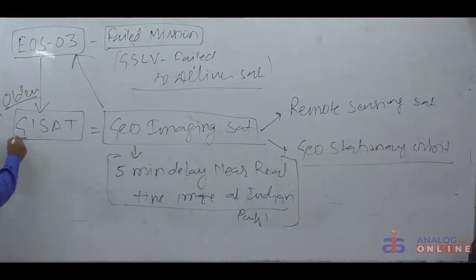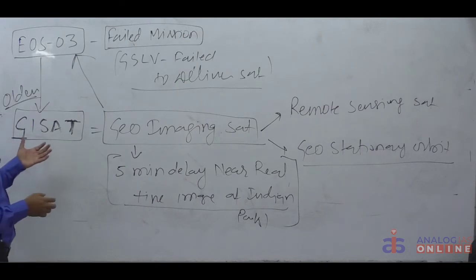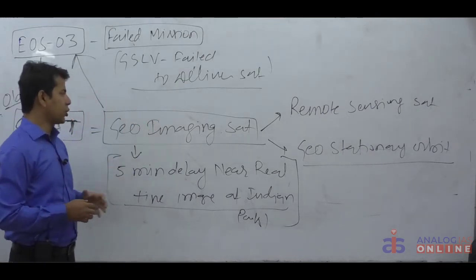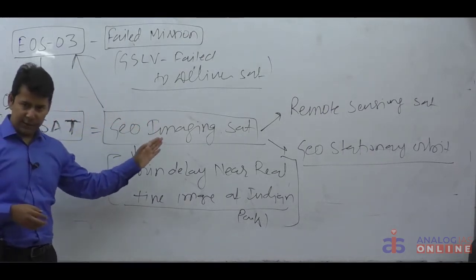So 10 years back, we used to teach GISAT in the classroom. But now in the new nomenclature, GISAT was known as EOS 03. But obviously, the introduction will remain the same, geo imaging satellite.